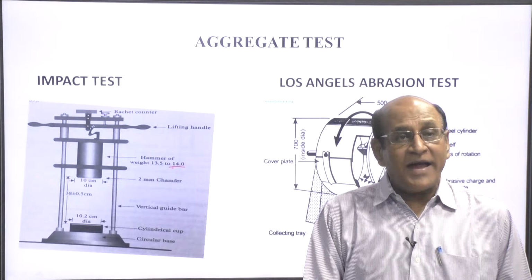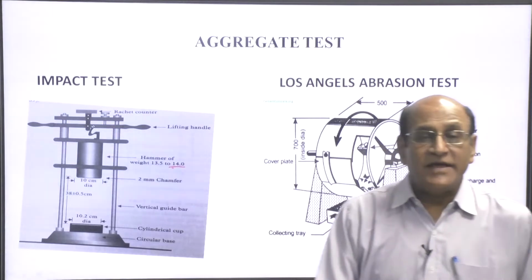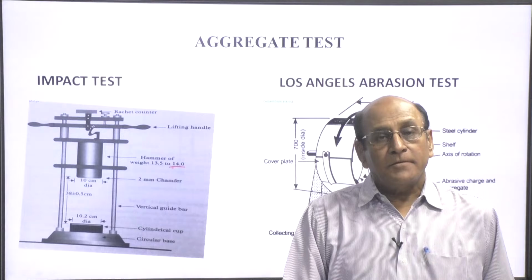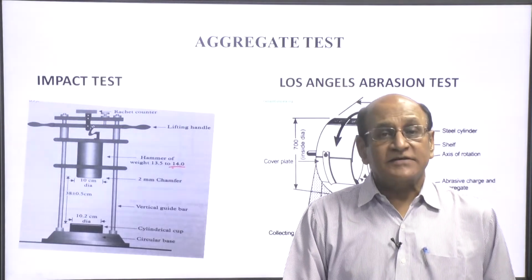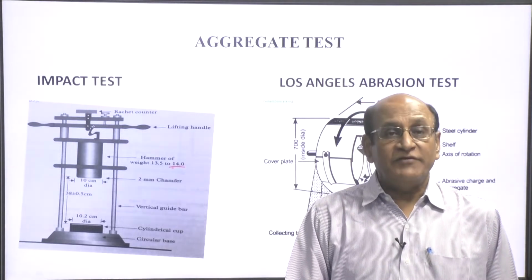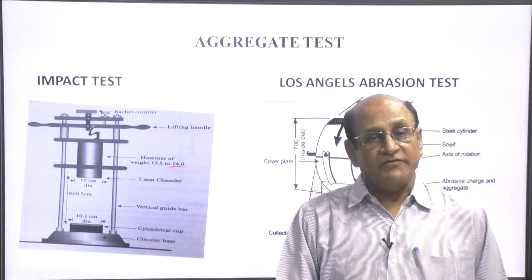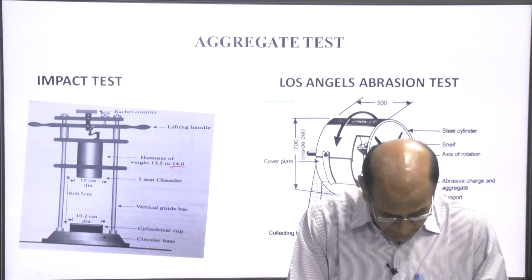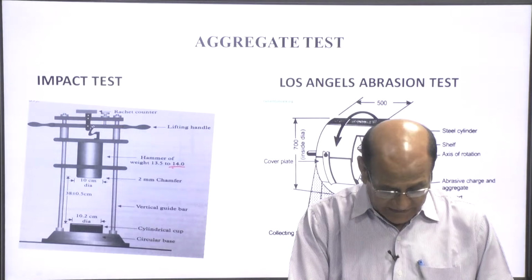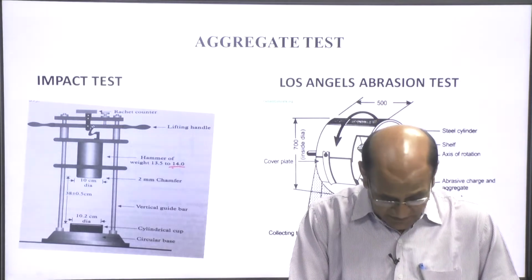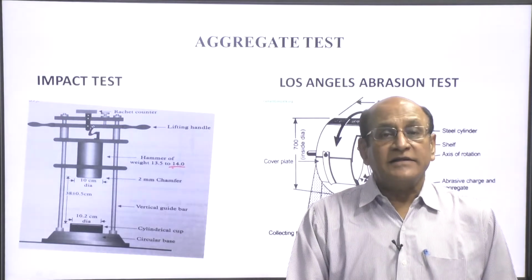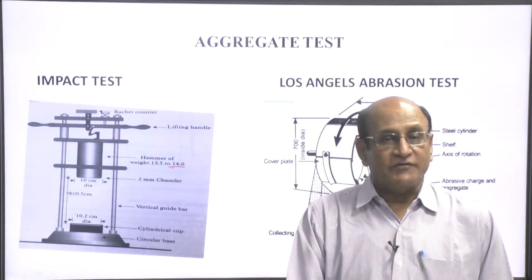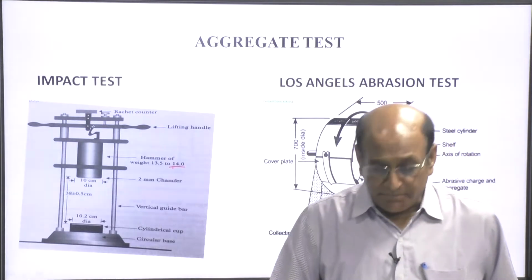Again the impact value is the weight of passed material through sieve 2.36 divided by total weight of the sample multiplied by 100. For the impact value for bituminous work that should not be more than 35% and for the other type of work, meaning granular work, that should not exceed 45%. So, this is the impact test.